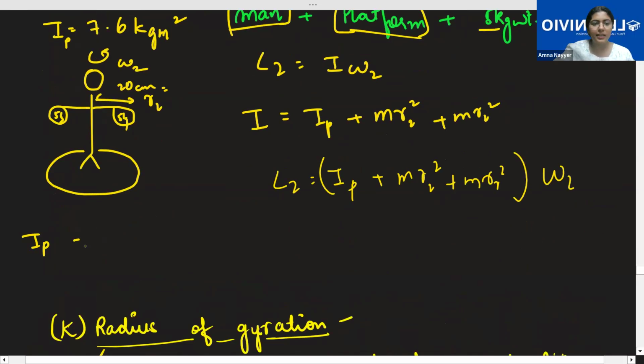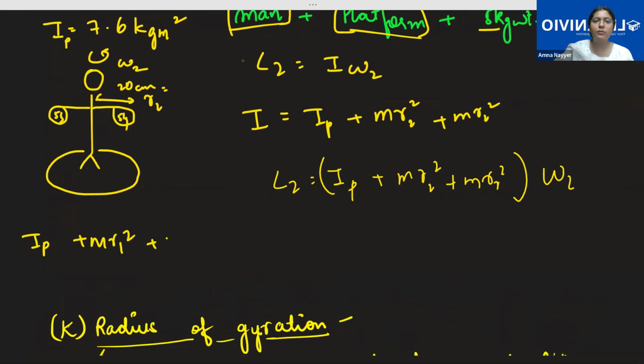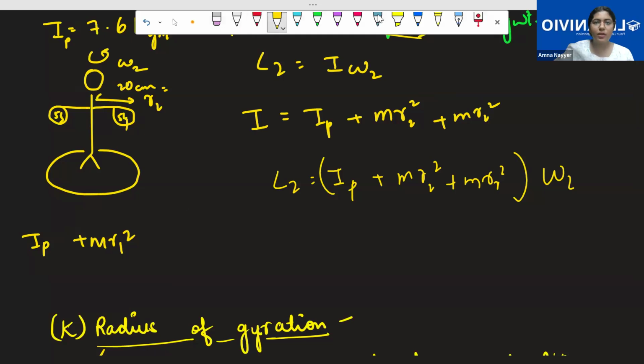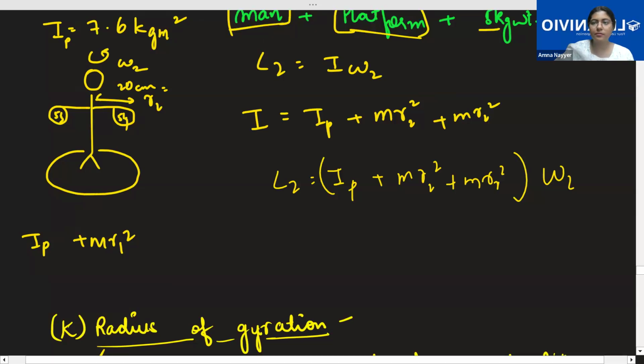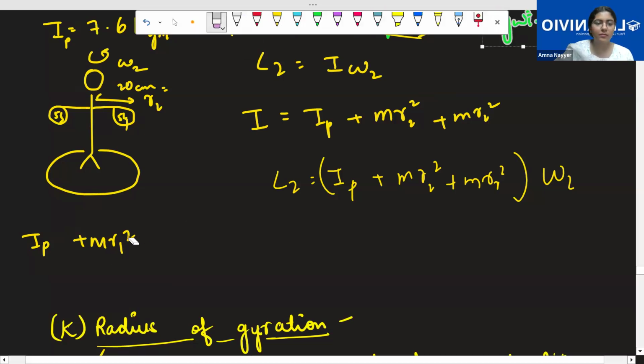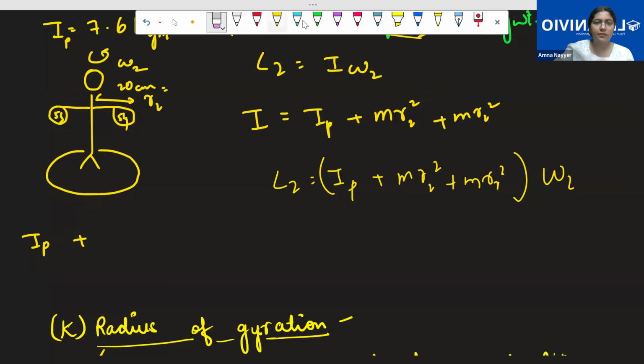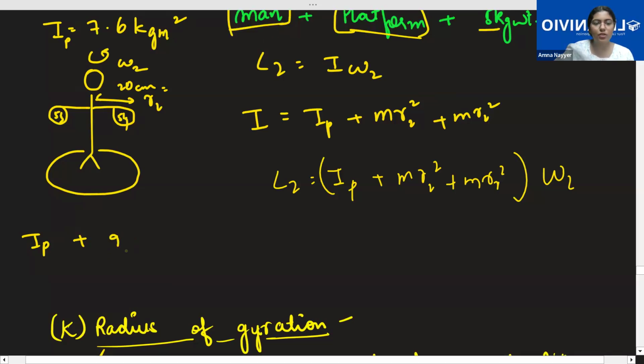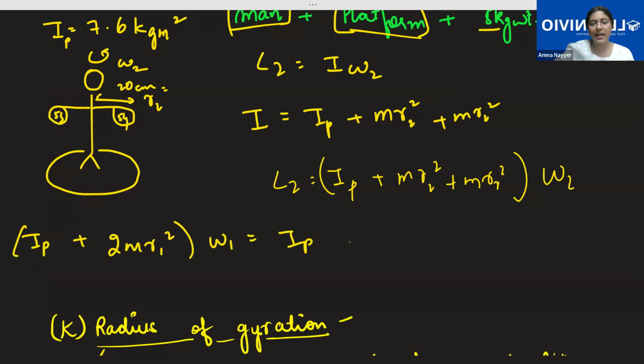See, IP plus MR1 square plus that will actually become 2MR square. MR square plus MR square will become 2MR square. Plus 2MR1 square into omega 1 is equal to IP plus 2MR2 square into omega 2.